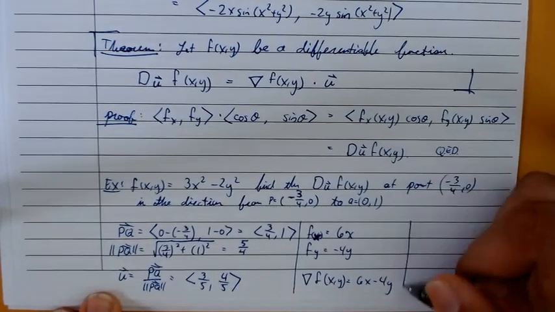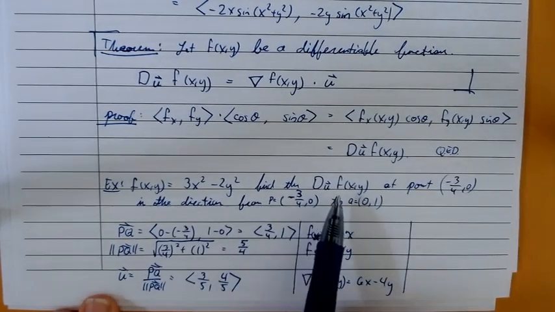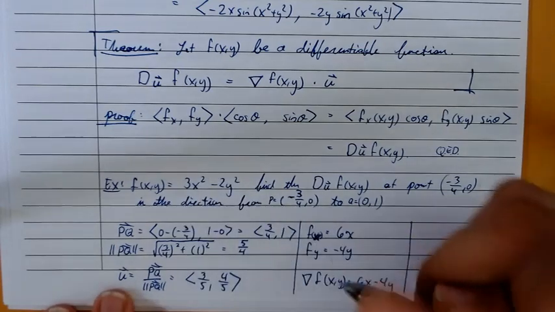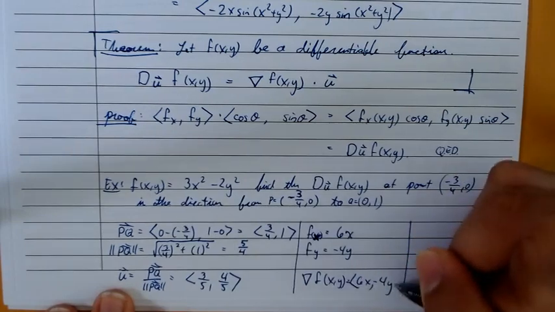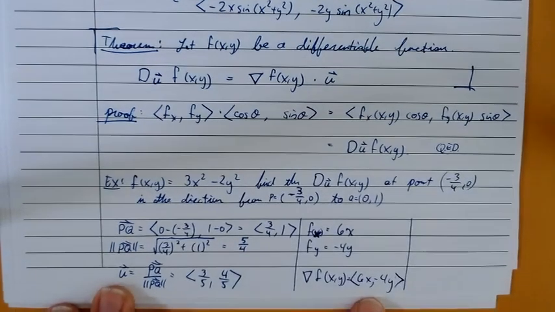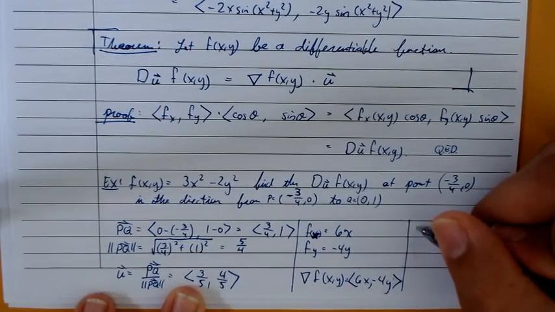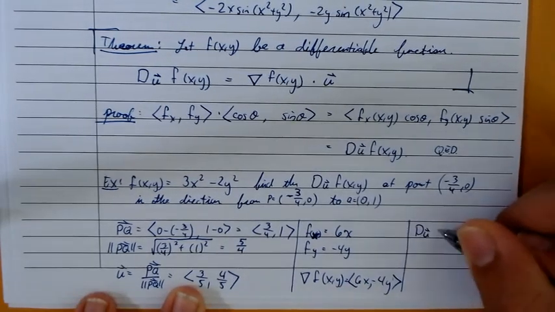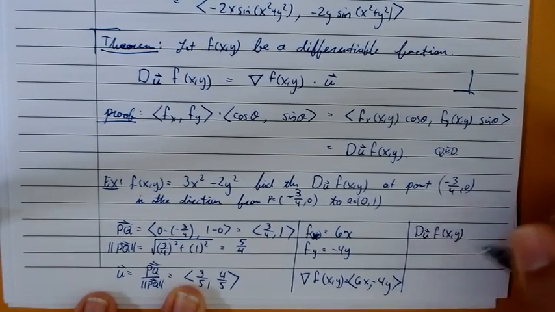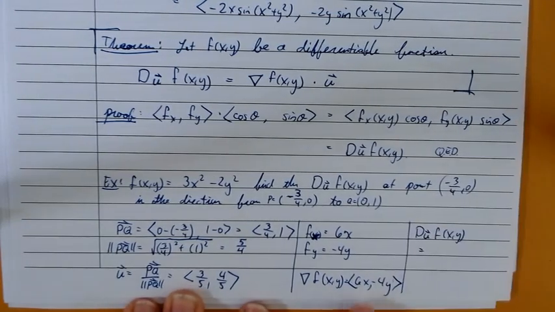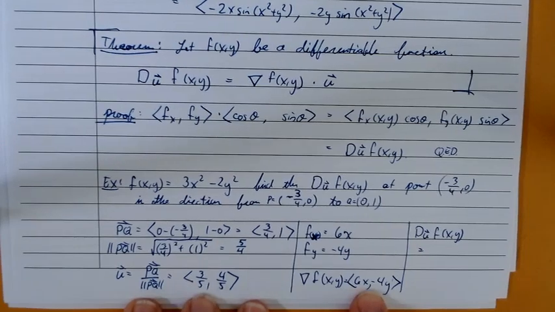So we want to find the directional derivative, which we see is simply the gradient. Sorry, there you go. That's a vector. It's the gradient dotted with u. Okay, so that means that the directional derivative in the direction of u of f of x comma y is equal to, we're going to take the dot product of these two. So that'll be 6x times 3/5.